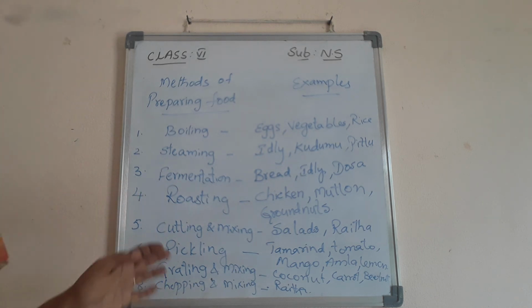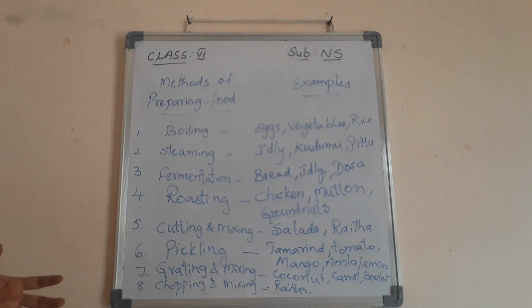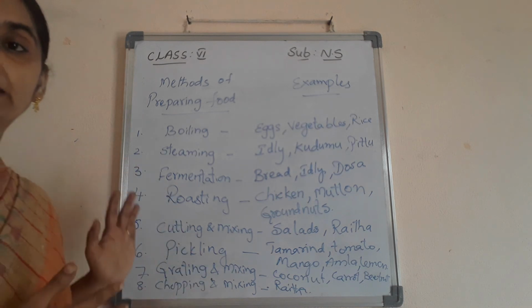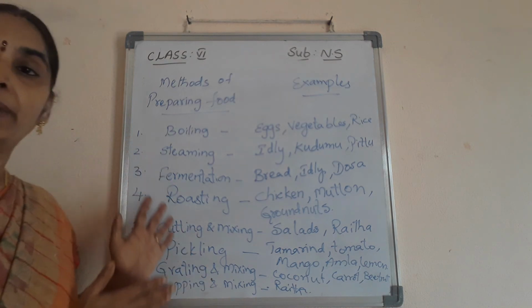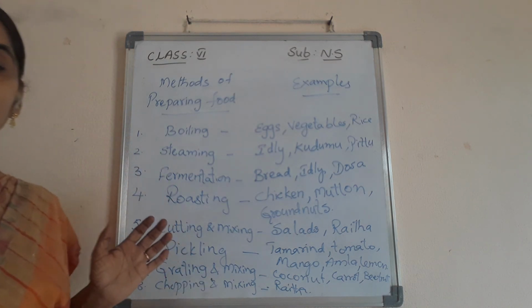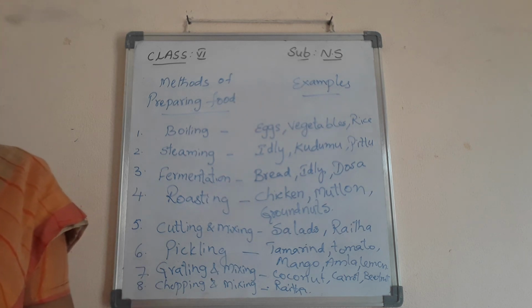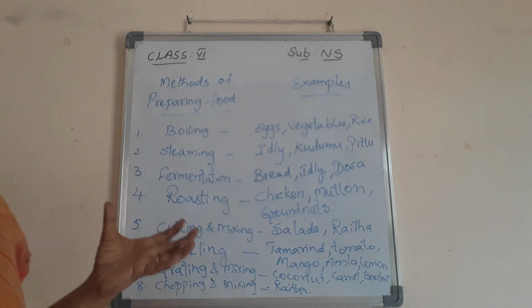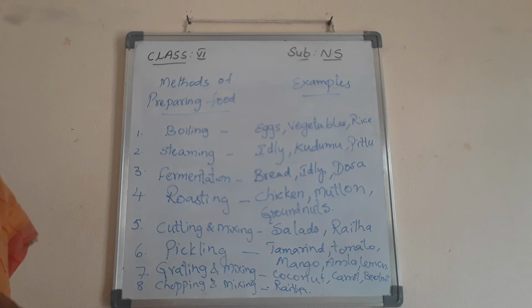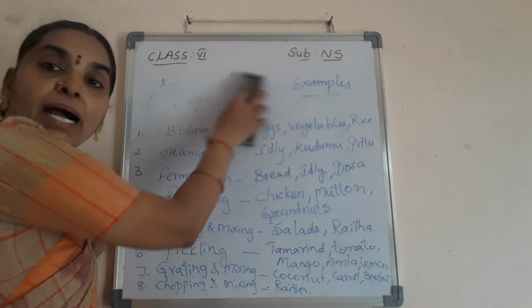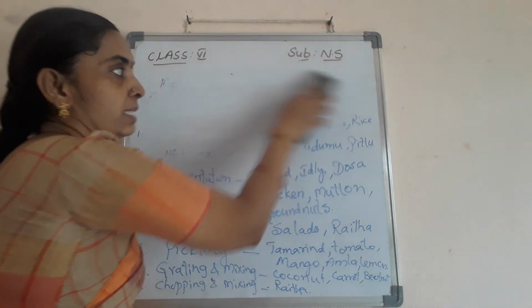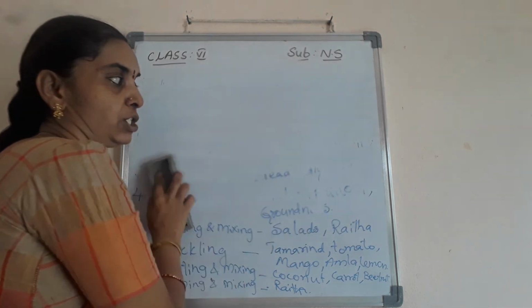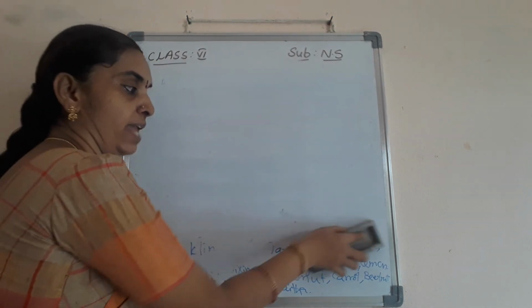So in general, we say that the food is tasty when we prepare it following the different methods of cooking. But how does the food get that taste? As I told you, food gets its taste mainly by the ingredients that are used in it, the method of preparation, and also cultural food habits.